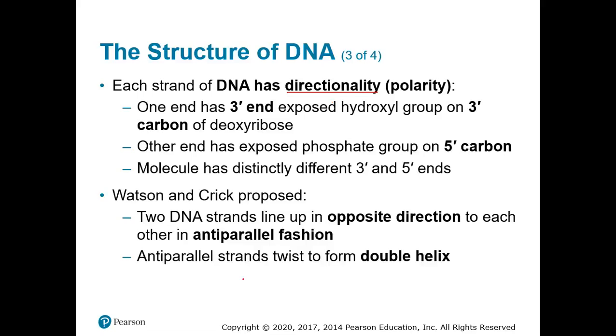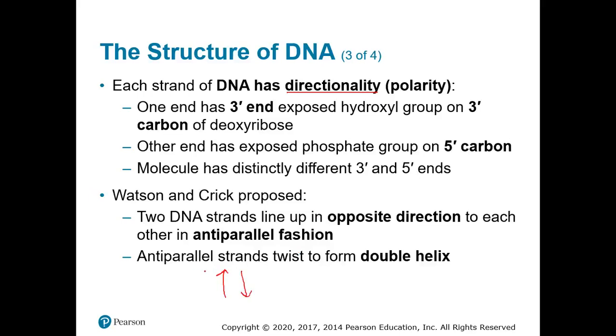As we mentioned before, Watson and Crick, and really Rosalind Franklin, let's not forget her, were the ones who proposed this structure of DNA. They figured out that these strands, our sugar phosphate backbones, run anti-parallel to each other, which means they run in opposite directions.